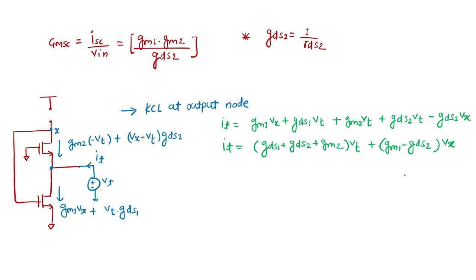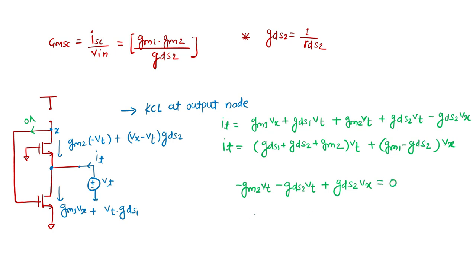Now you remove the Vx from this equation. For this, again there is no current, 0. So what you can see, minus GM2 Vt minus GDS2 Vt plus GDS2 Vx is equal to 0.